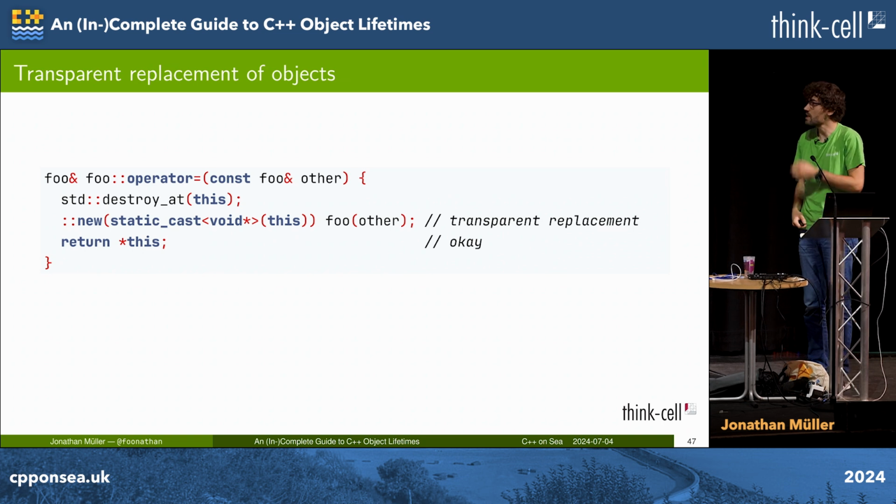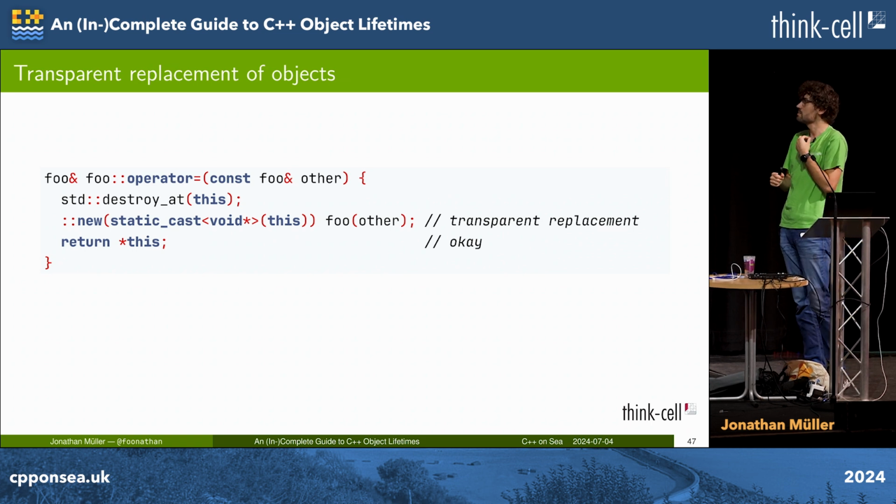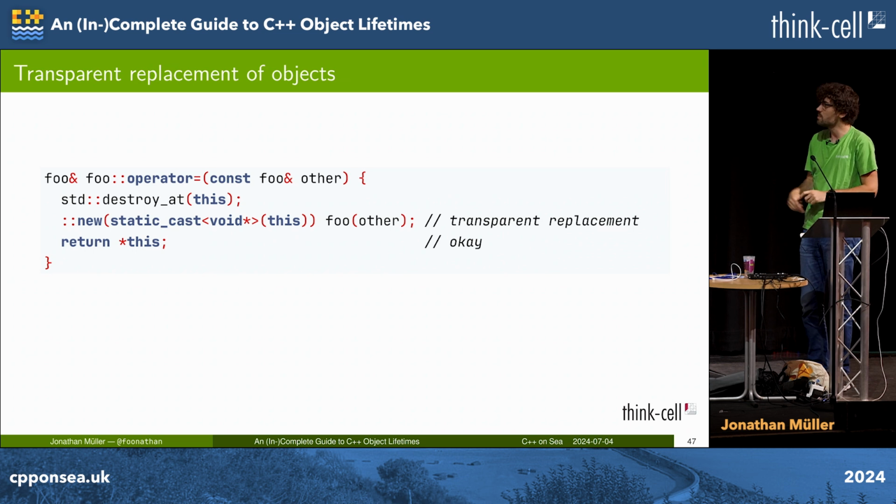A more interesting case is something like this. In the assignment operator, we can transparently replace this with something else. So we destroy foo this, then we create a new one, and this is a transparent replacement. So this is okay. It's still not a good idea because if foo has no unique address members, or foo is actually a sub-object that is created with no unique address, there are a bunch of bugs you can get into.